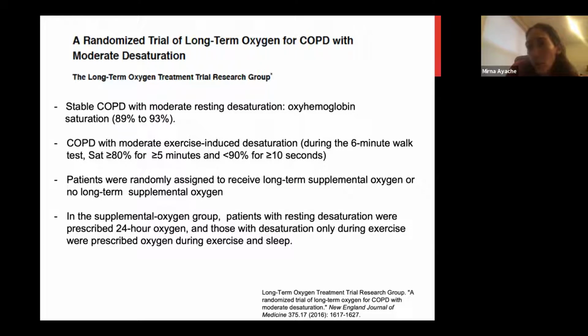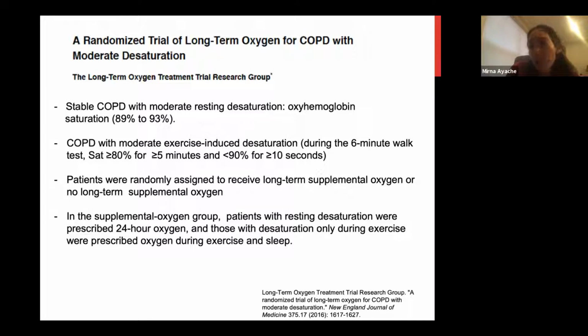So we all know the old trials of LTOT finding improved survival in COPD patients if they have resting hypoxemia with a PaO2 less than 55. But the question was, if they have moderate hypoxemia, for example, if the saturation is between 89% and 93%, does oxygen therapy help?